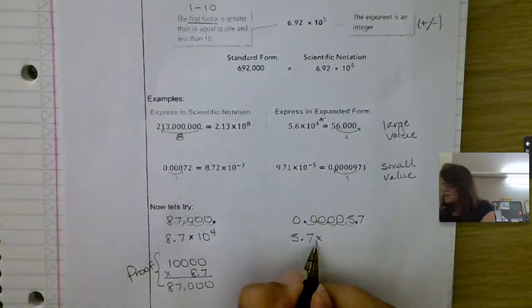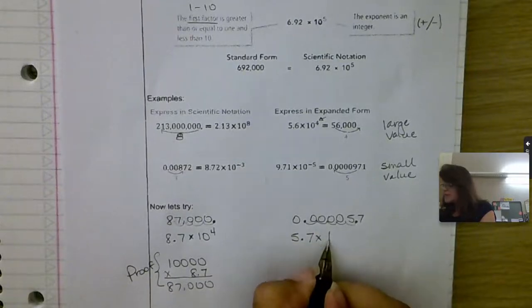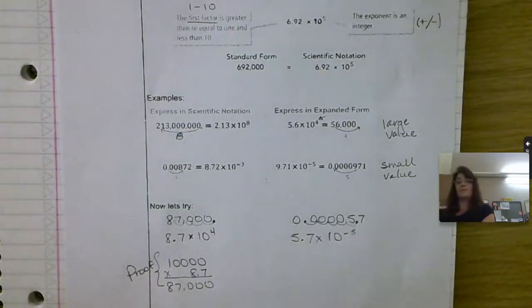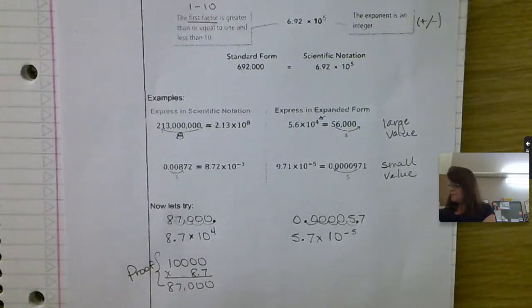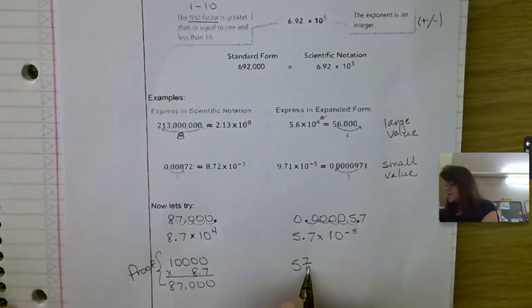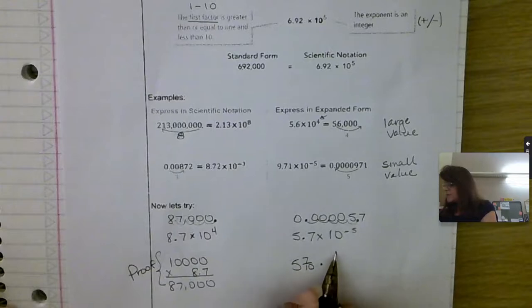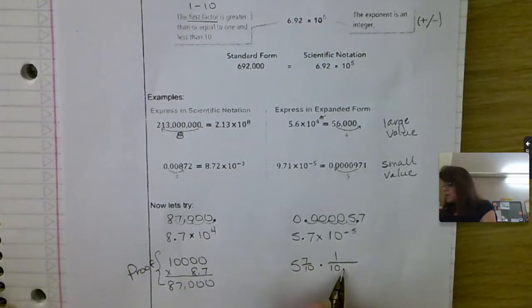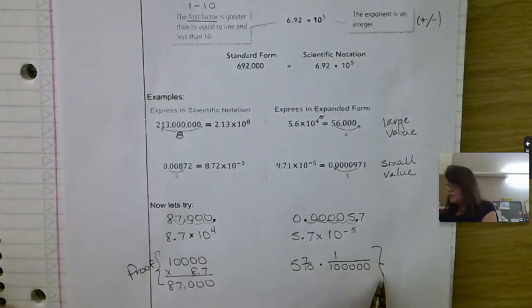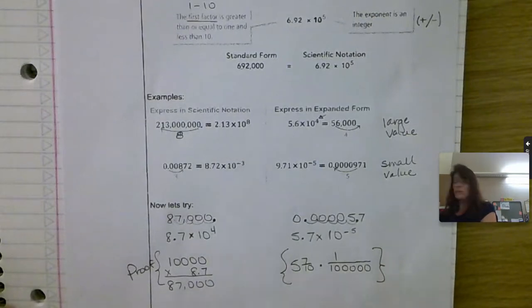Times, and remember I moved 5 spaces, 10 to the negative fifth power. And if I wanted to prove that, I could write this as 5 7/10 times 1, 2, 3, 4, 5. There's my proof. That's its value.